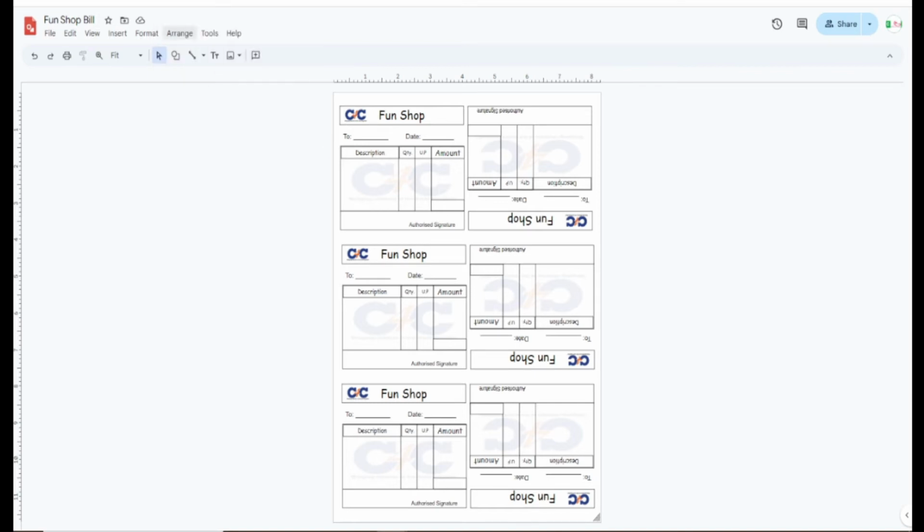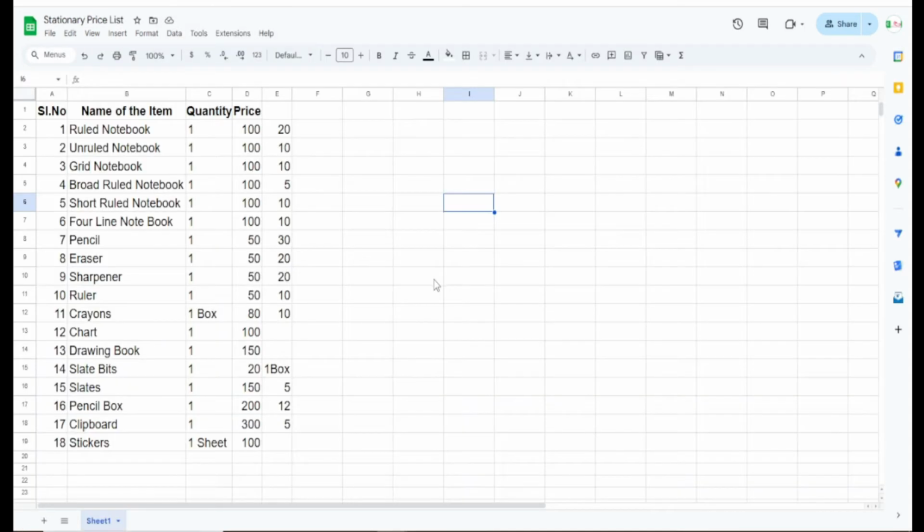A student will be the shopkeeper, and he will be the one selling and doing the things. Now, what will the prices be? The prices in the fun shop are not the normal prices. Normally a pencil might cost approximately 5 rupees, right?